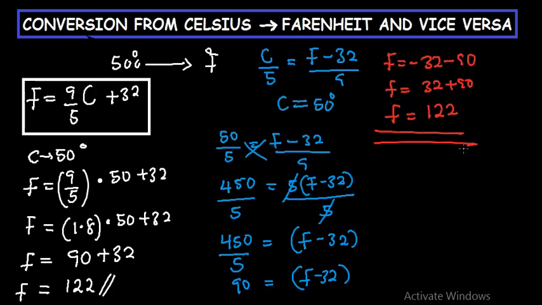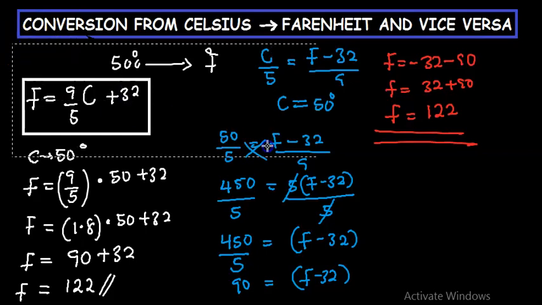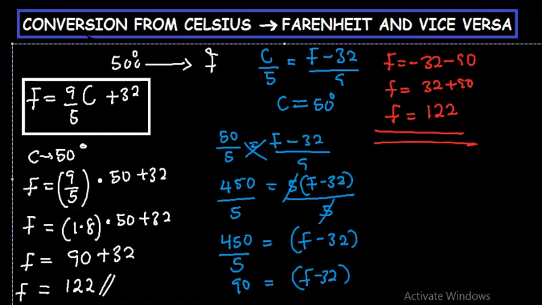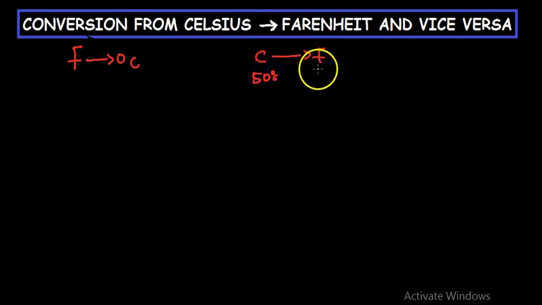In this case, we are converting from Fahrenheit to degrees Celsius. Remember, in the first case, we went from degrees Celsius to Fahrenheit, and we had 50 degrees Celsius to Fahrenheit, which gave us 122 Fahrenheit. In this case, we are going to convert 122 and we need to see it in degrees Celsius.